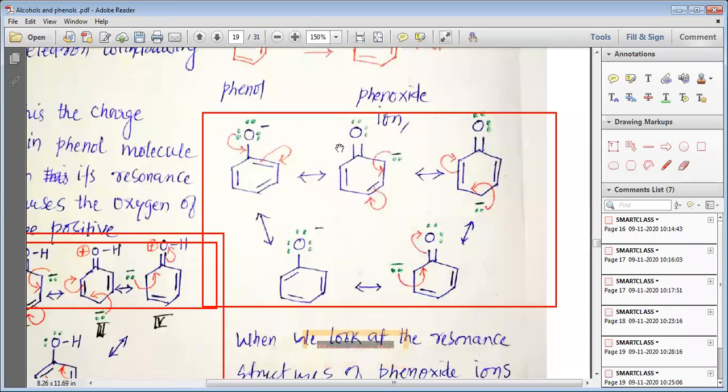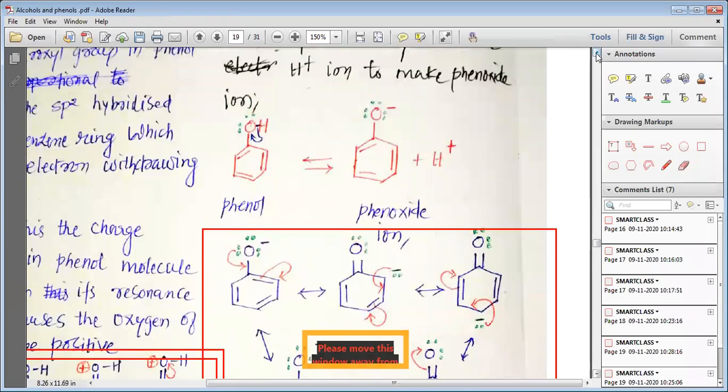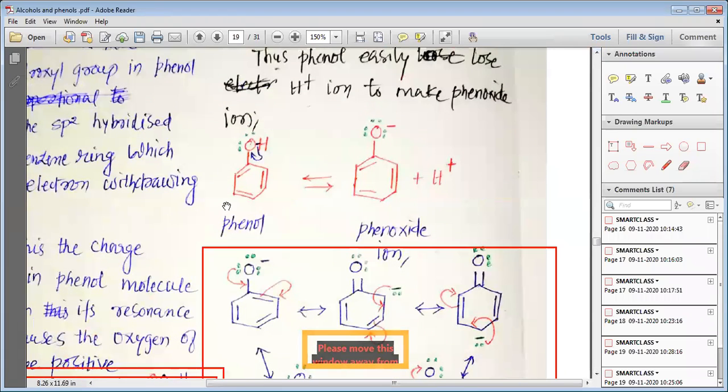So in these five resonance structures obtained for the phenoxide ion, there is no positive charge on oxygen. All these five resonance structures cause resonance stability for the phenoxide ion, and that is why the phenoxide ion is much more stable than phenol. Please remember this statement, my dear students.